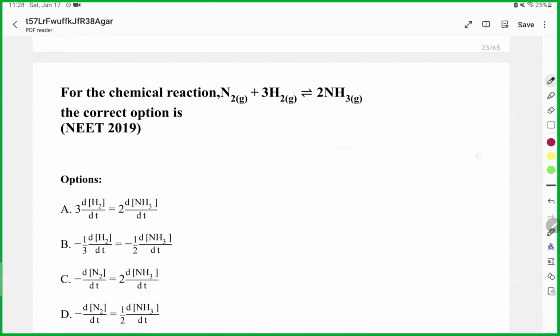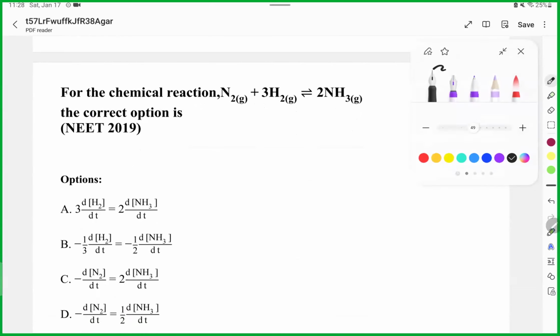We wrote the same equation in our notes.